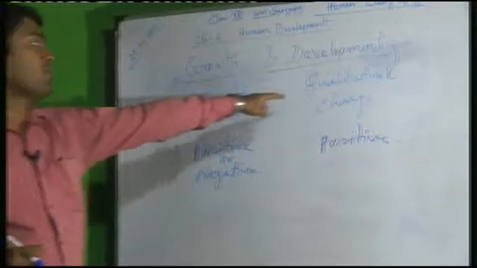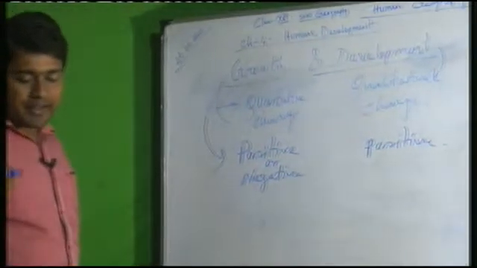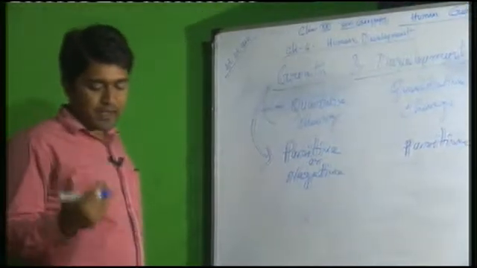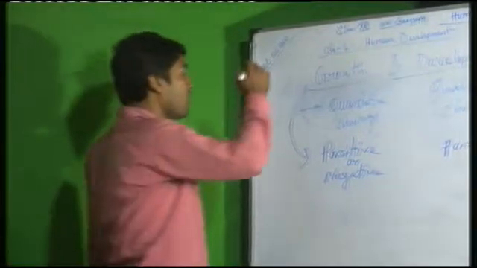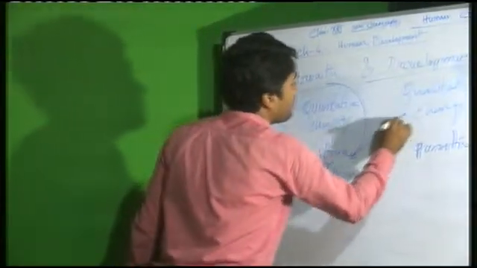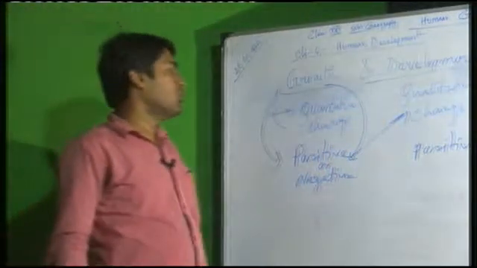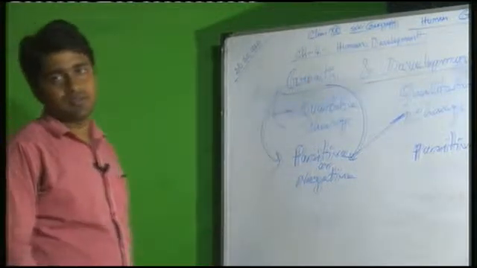We have already told that development means qualitative change, and this means development cannot take place unless there is an increment or addition to the existing condition. Development occurs when positive growth takes place. When this positive growth takes place, only at that time will development happen. So development also depends on positive growth.